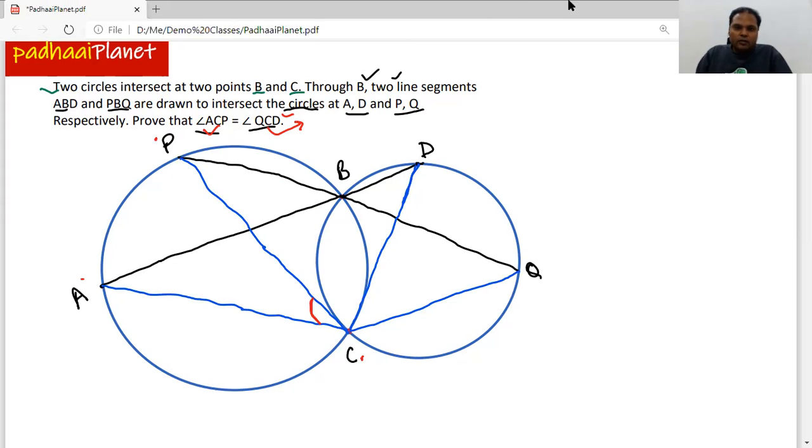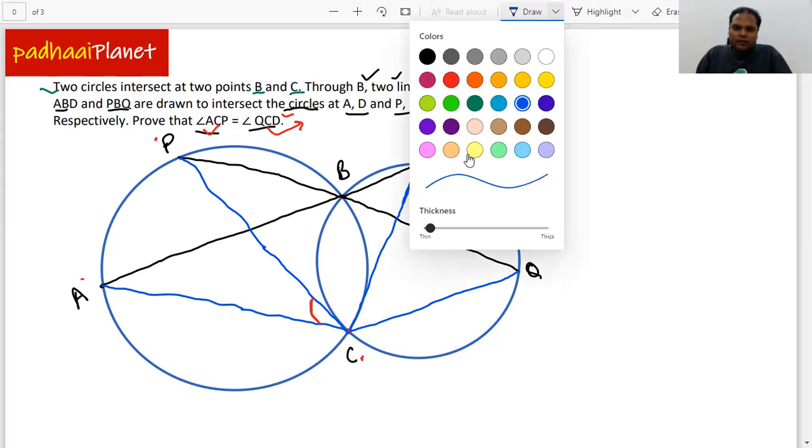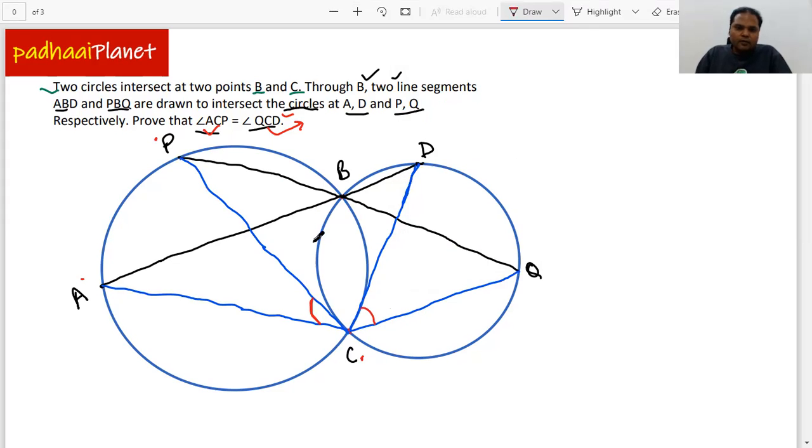And now let me just mark this angle which they want us to work upon, and that is this one. So this is Q, C, and D. We need to prove that these two angles are equal to each other.